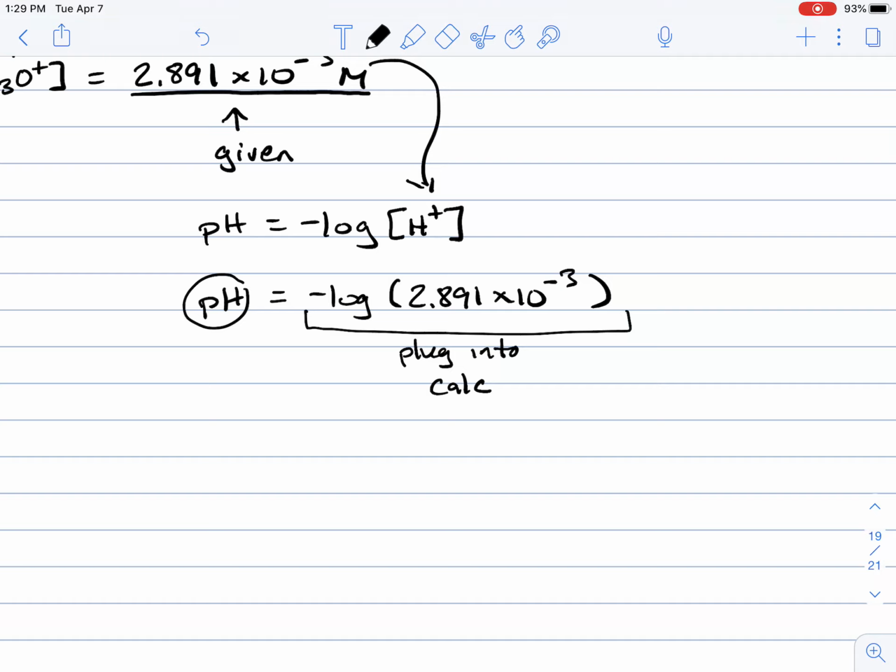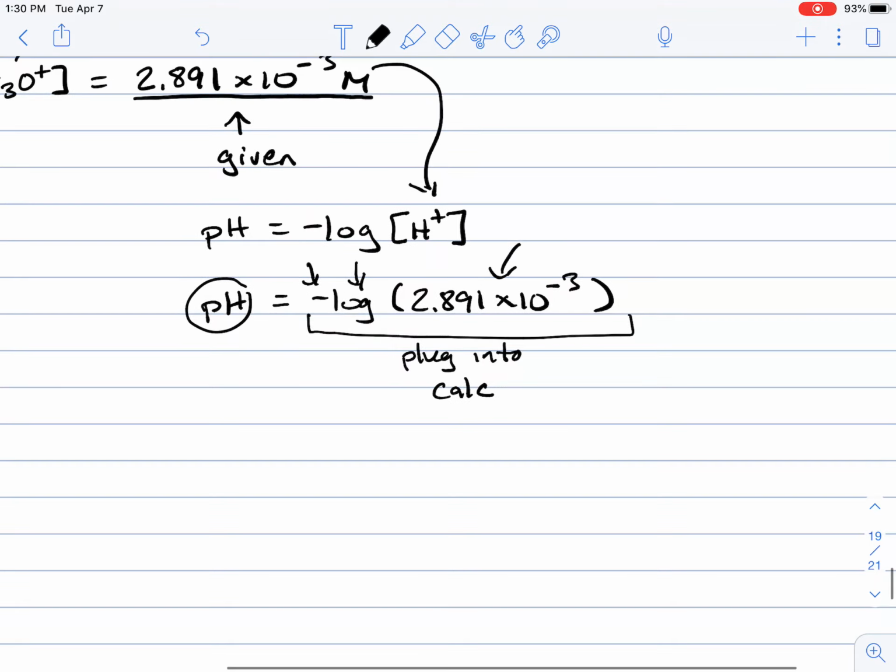For some TI models, I think it's the base model of the TI, you might have to put in that negative sign after you type in the number. There are just some weird ways to input these values into your calculator. For me, I'm just going to type in negative, then log, then this value, and then hit the equal sign.